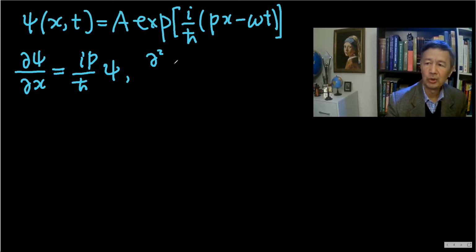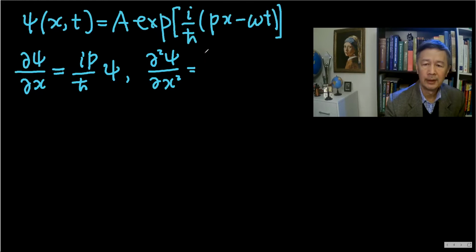because we're interested to know the relation between the partial derivative with respect to the time and the partial derivative with respect to the coordinate. So the second partial derivative can be obtained by just multiplying a factor here, simple.